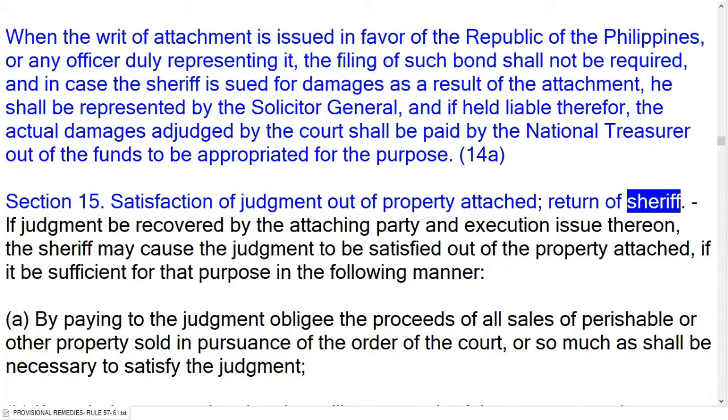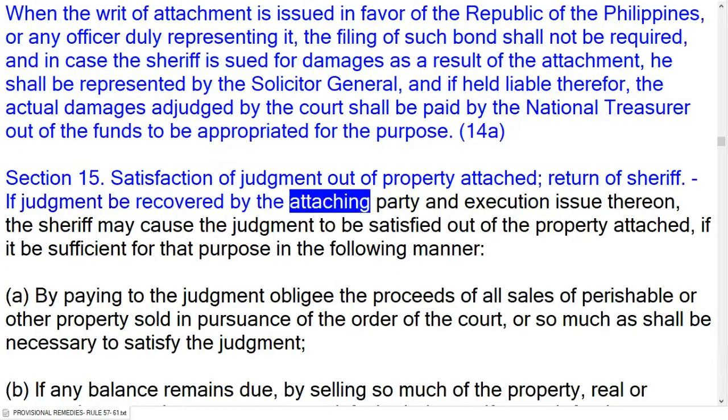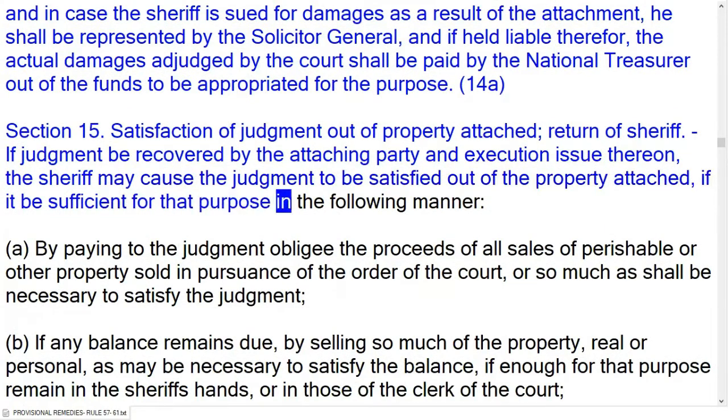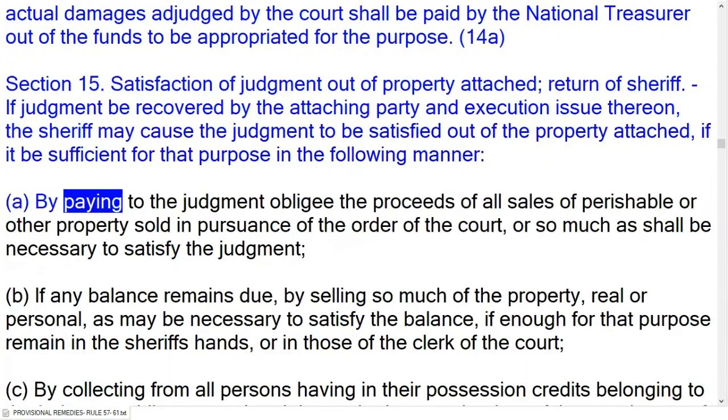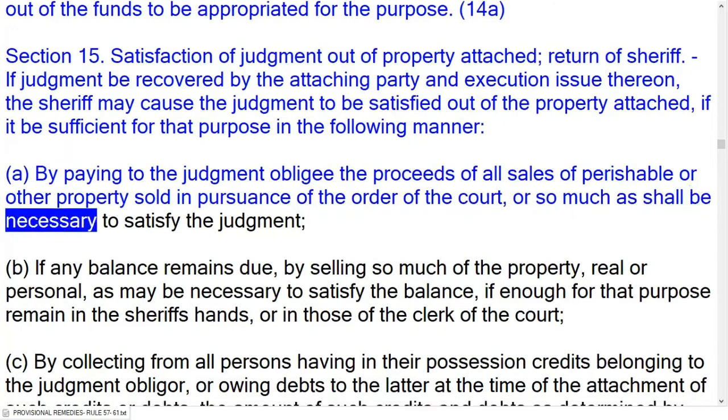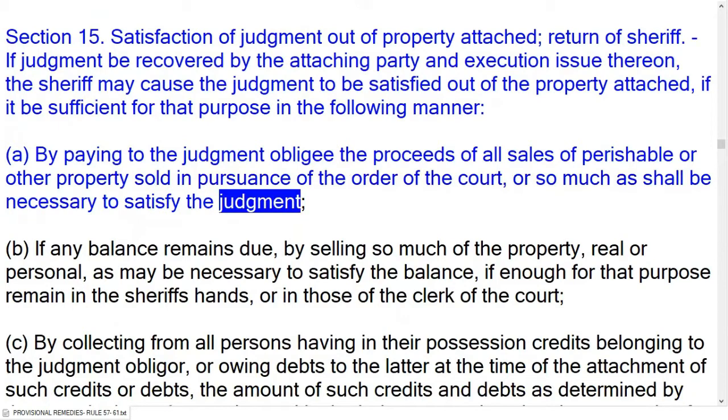Return of sheriff. If judgment be recovered by the attaching party and execution issued thereon, the sheriff may cause the judgment to be satisfied out of the property attached, if it be sufficient for that purpose, in the following manner. A. By paying to the judgment obligee the proceeds of all sales of perishable or other property sold in pursuance of the order of the court, or so much as shall be necessary to satisfy the judgment.